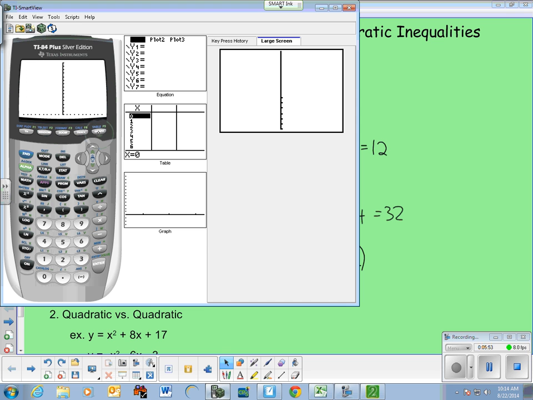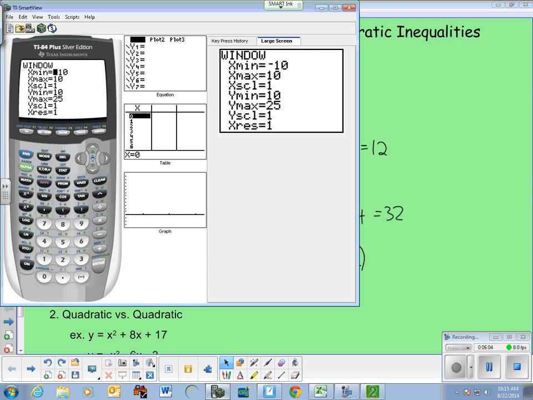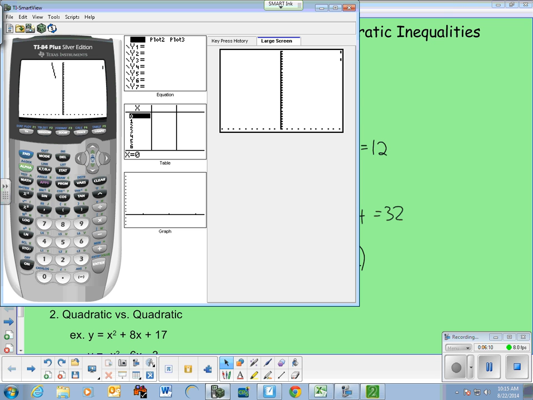Just give that a try. There's my parabola, and here's my line. I can see one of my solutions, but I might even need to zoom up some more. That one answer was 32. That makes sense. So let's go to 40. I'll make sure that I capture those intersections. Okay, now I can see them both.